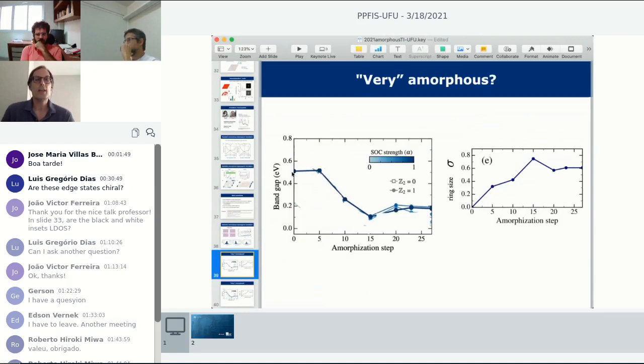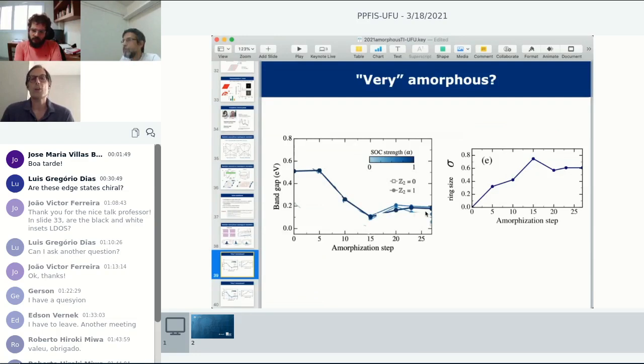If you take the full spin-orbit interaction, what happens is that as a function of our amorphization step, there are some fluctuations here in the band gap. It seems that it will close. And at that point, I got very disappointed. I said, oh, if you keep amorphizing, then everything disappears. But then it recovers. And for the different samples, we see the same kind of feature.